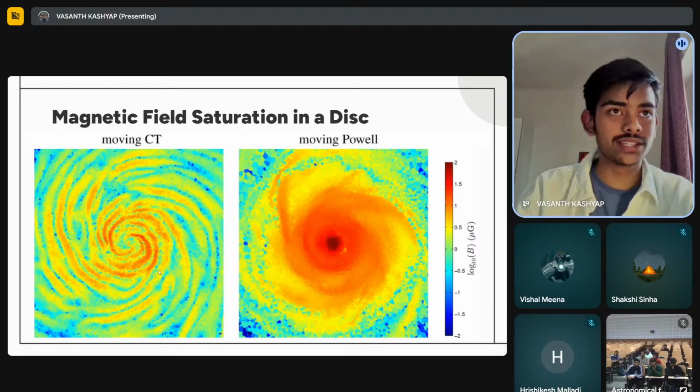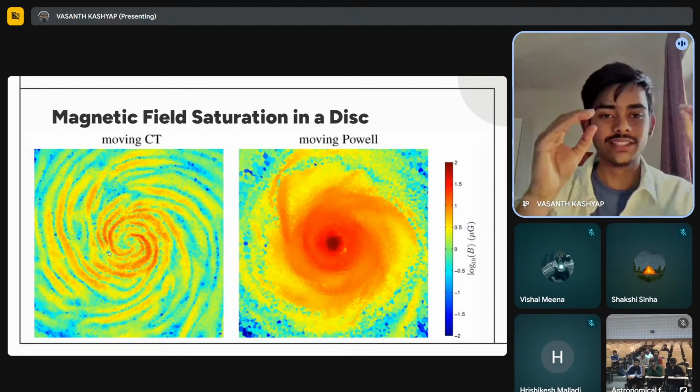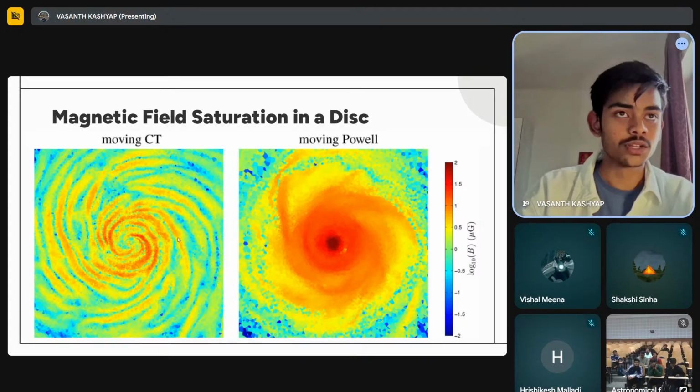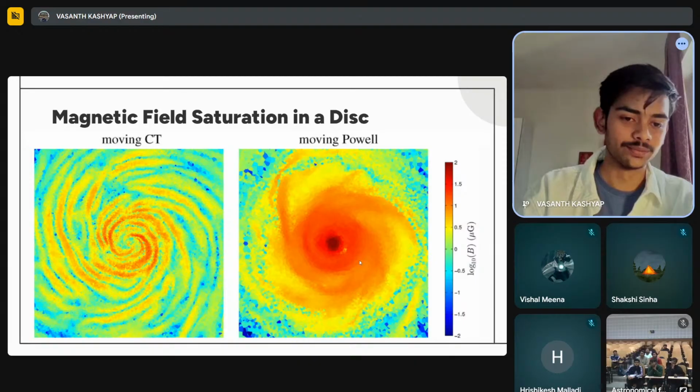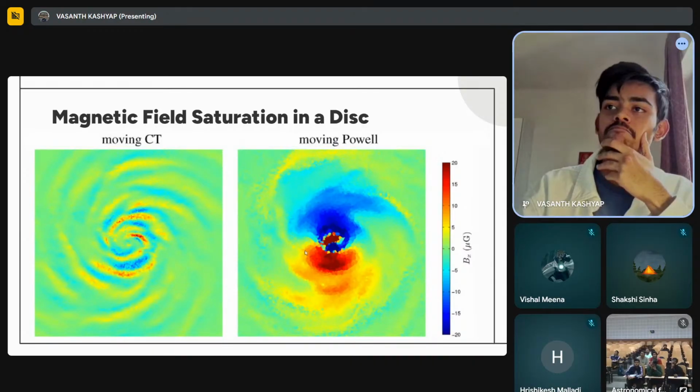What we see is a spiral pattern, which is exactly on top of the spiral arms of the galaxy. So it does look like this on the left, not like this on the right. This is the X component of the magnetic field.